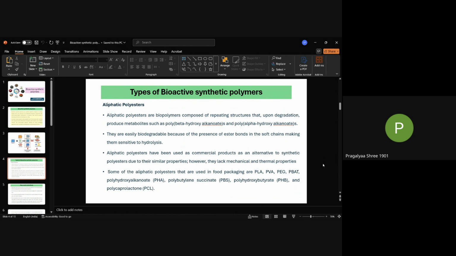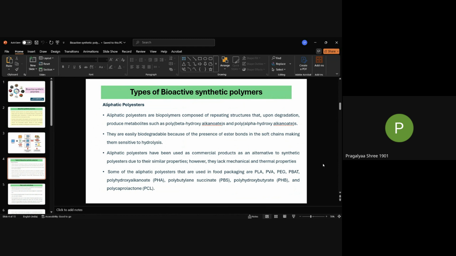They are easily biodegradable because of the presence of ester bonds in the soft chain, making them sensitive to hydrolysis.